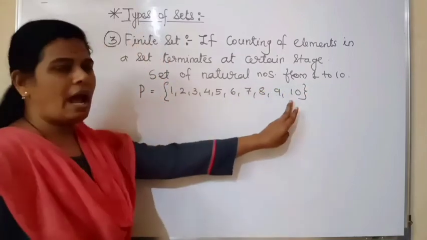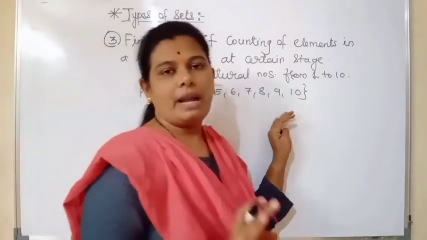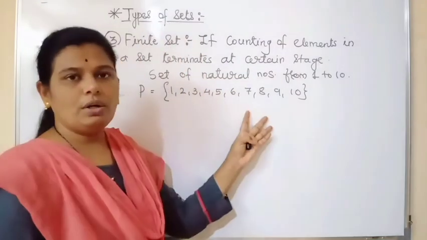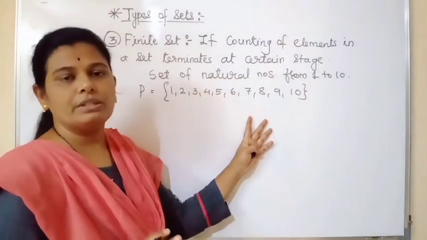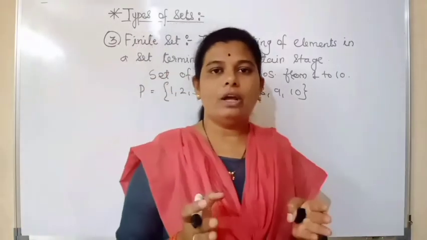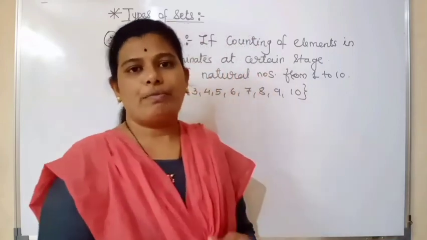It means I have a certain limitation to this set. I have to write the natural numbers only up till 10. So this is a finite set. Always keep in mind, a set which has a certain limitation is a finite set.